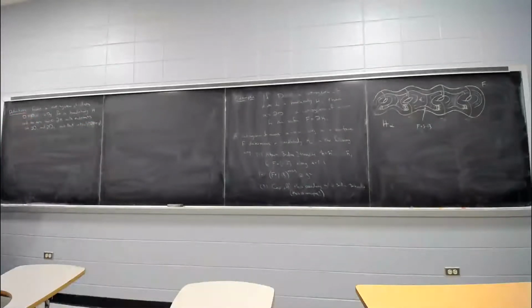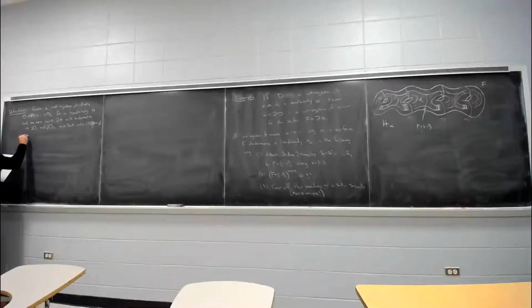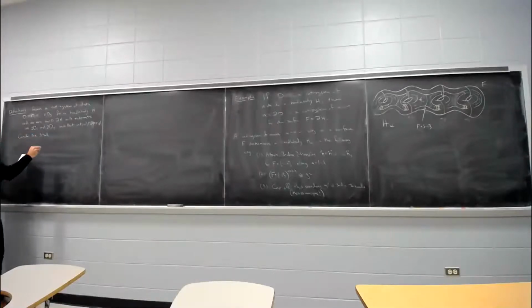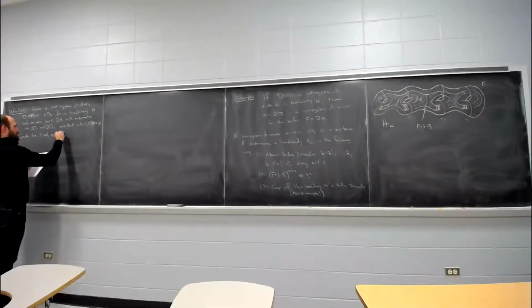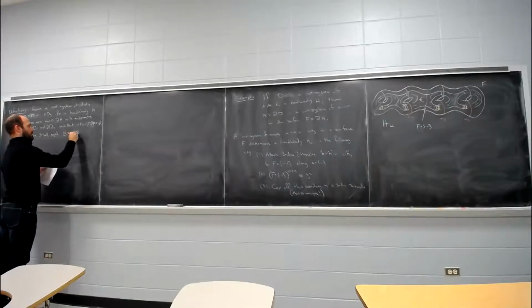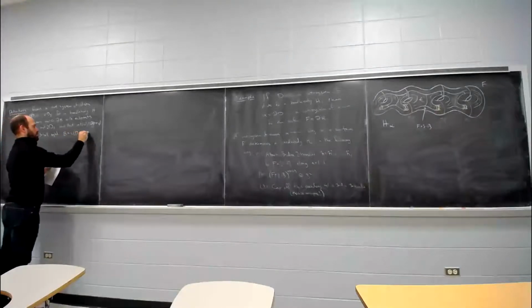So it's an arc spanning two of these boundary pairs. Let's consider the three-ball neighborhood, which is given by B, the neighborhood of D_i union omega union D_j inside H. So we're going to thicken this in H.